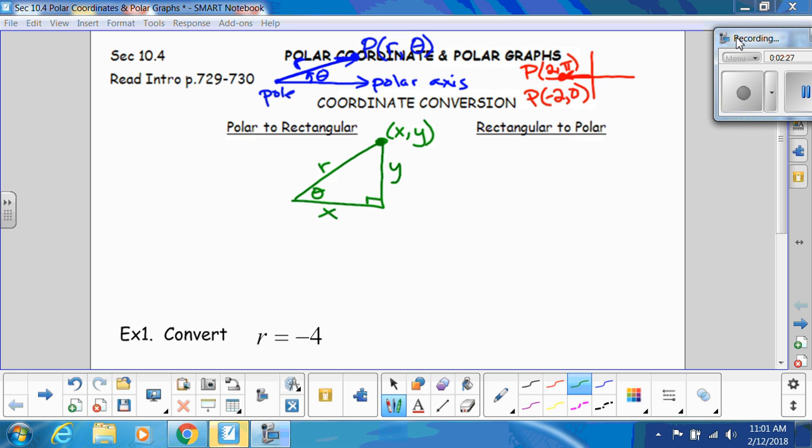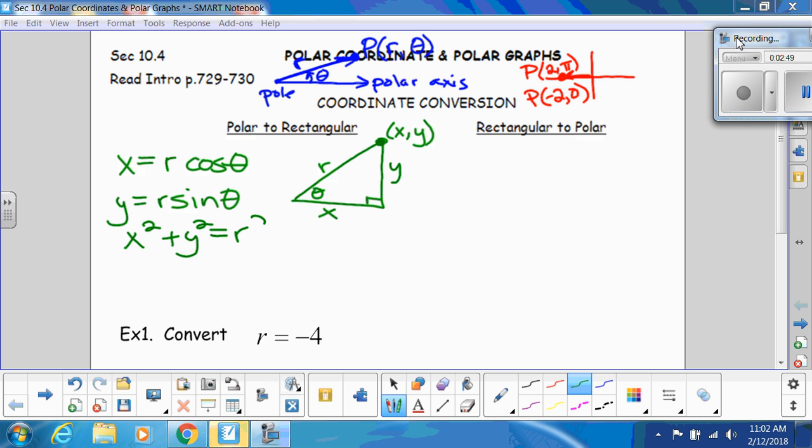So x is r times the cosine of theta. Keep in mind that cosine is x over r. So x equals r cosine of theta. Y equals r sine of theta. Hopefully this looks familiar. And then if I wanted to relate just the sides, x squared plus y squared equals r squared.